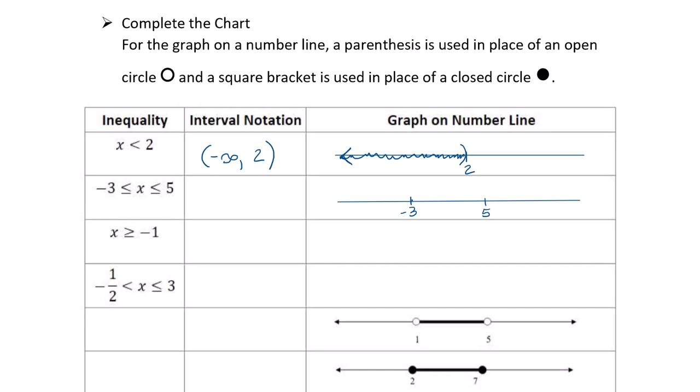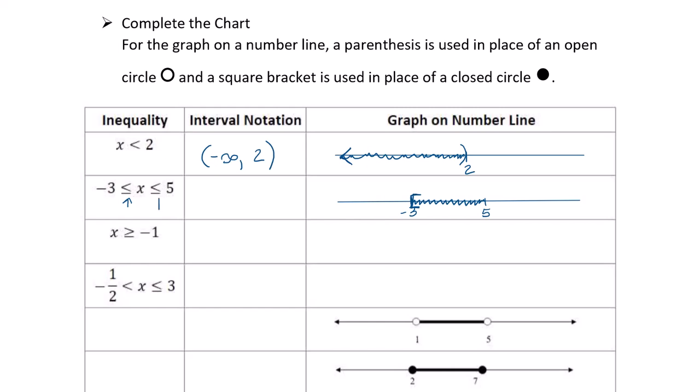So we're shading numbers between negative 3 and 5. Now, dealing with the boundary points, this is including the boundary because x can be greater than or equal to negative 3. So I'm going to put a square bracket, and I'll turn that bracket to where it's facing towards the shading.